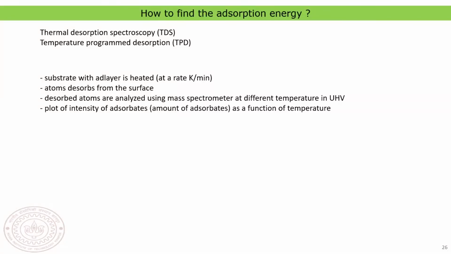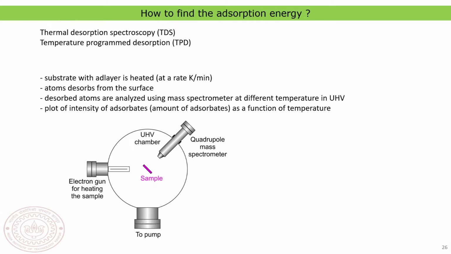Now, let me show you the components that we require for doing thermal desorption spectroscopy. We require an ultra high vacuum chamber because we do not want any component other than the desorbing atoms or molecules to be detected. Therefore, the prime requirement is to have a UHV chamber. Then the sample is placed at the center of the UHV chamber, and using an electron gun we heat the sample.